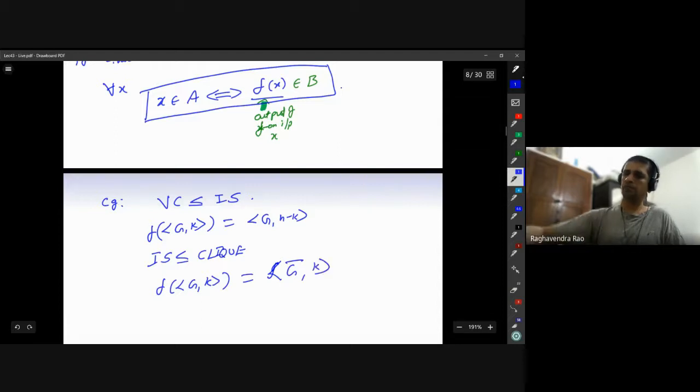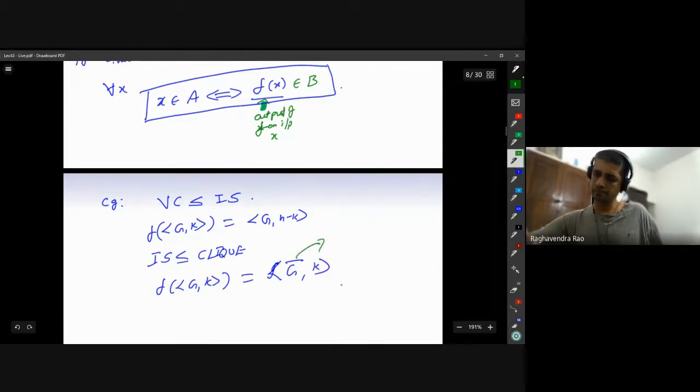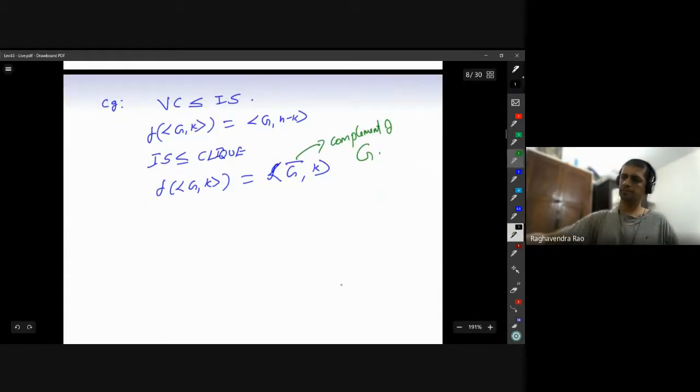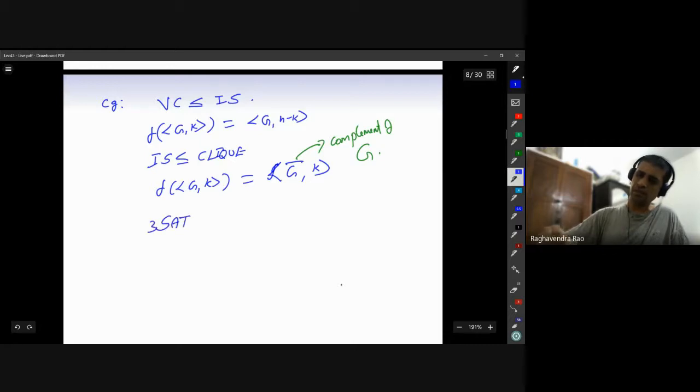This is the complement graph. Similarly, 3-SAT reduces to vertex cover, f of phi is (G_phi, 2m plus n).